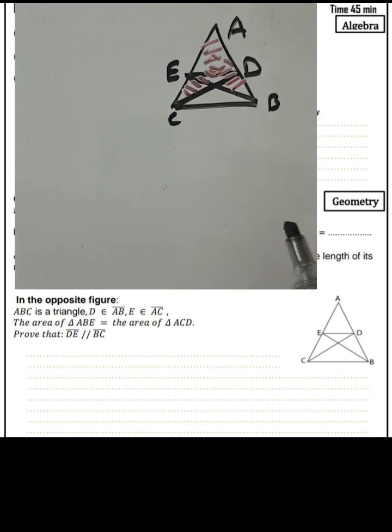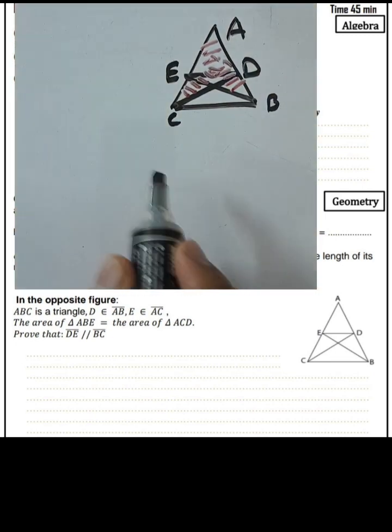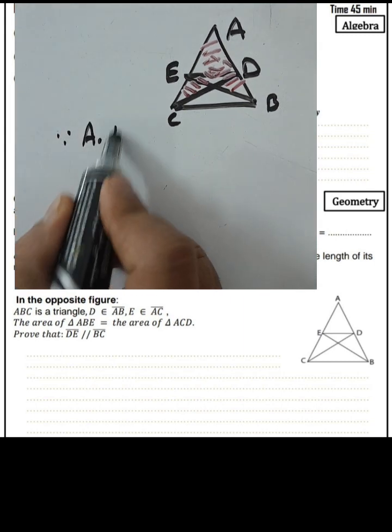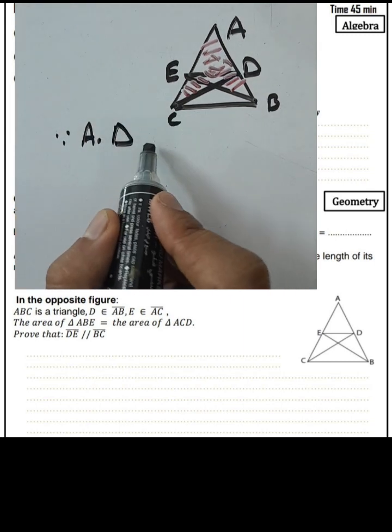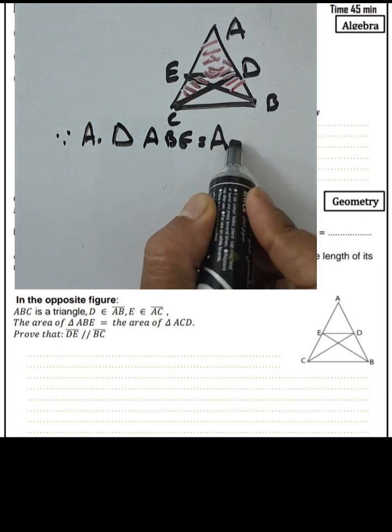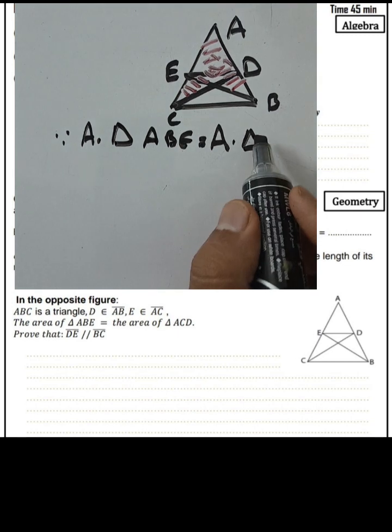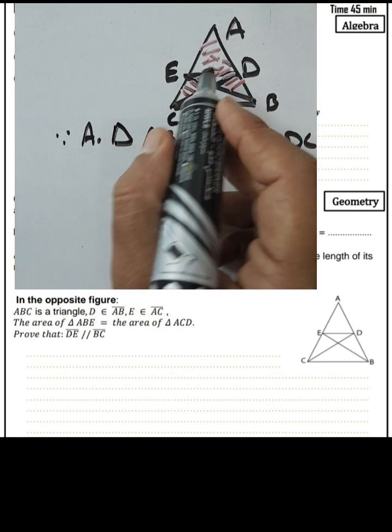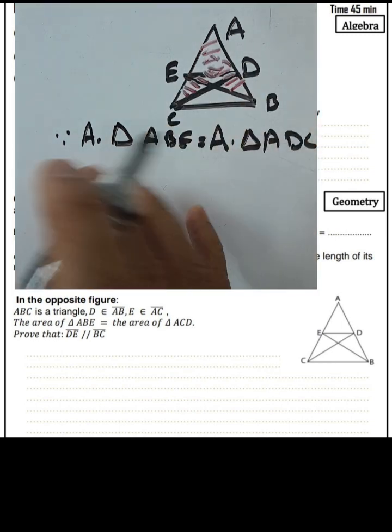We can solve this example by canceling the area of triangle ADE. Such that to solve the example, the area of triangle ABE is equivalent to the area of triangle ADC. We can cancel the area of ADE from the left-hand side and the right-hand side.